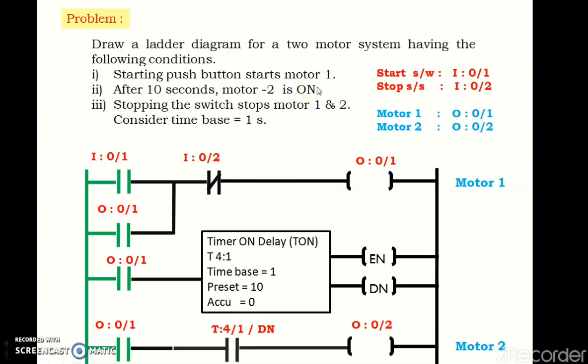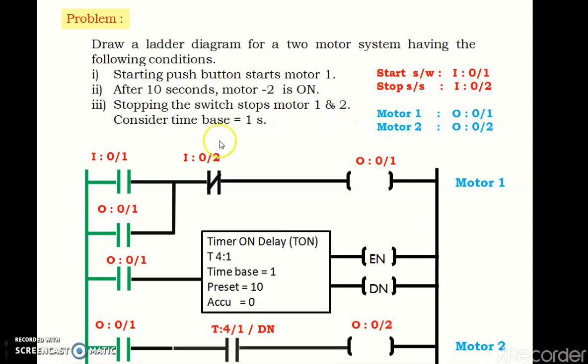Means whenever the start button is pushed, suddenly motor 1 should be started and after 10 seconds, motor 2 should be on. And when we operate the stop button, the motor 1 and 2 should stop immediately.